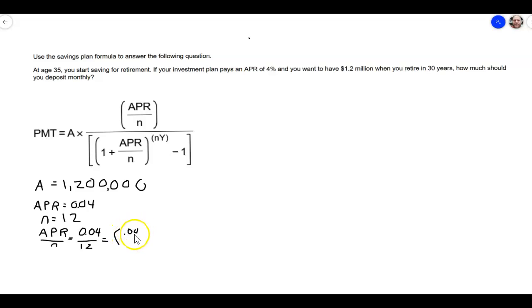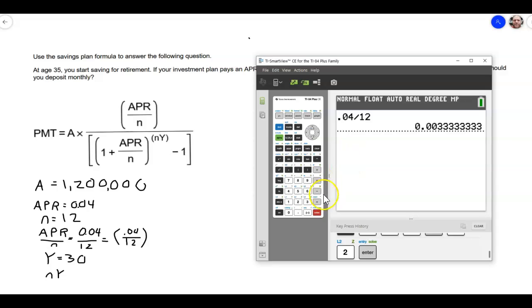Then we need to know the N times Y. We know the N, and the Y is the number of years, which is 30. So N times Y is 12 times 30, which is 360.